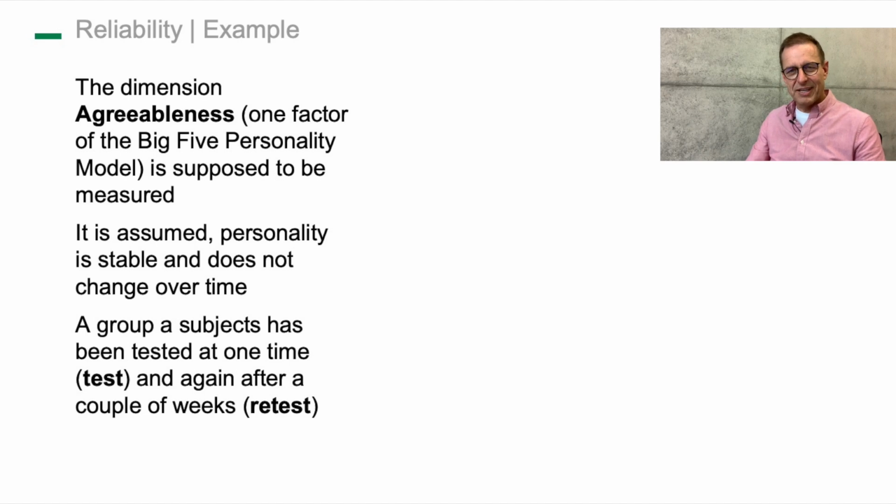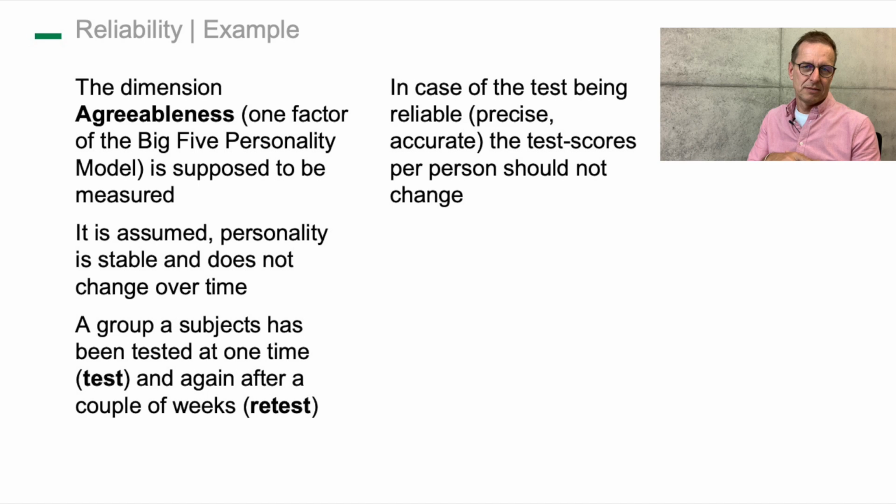Now, we assume that when this test is precise, if this test does not produce too much noise, random errors, whatever it really measures, we would expect that we get the same results after 3 months for every single person. So one person had a score of, let's say, 86, whatever that means, in the beginning.